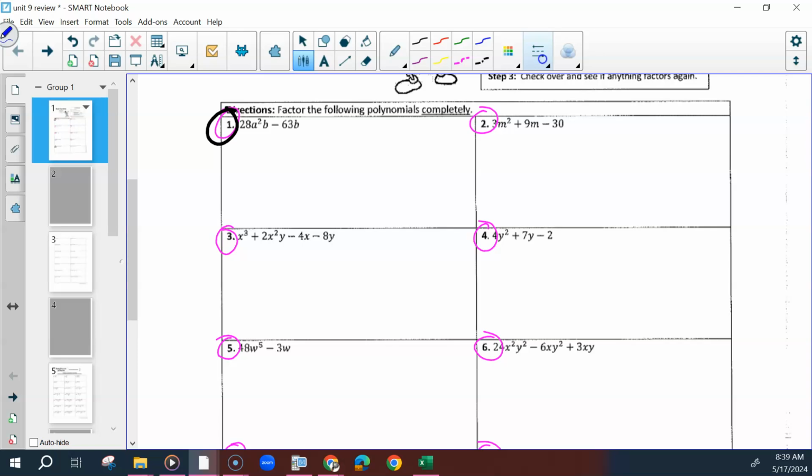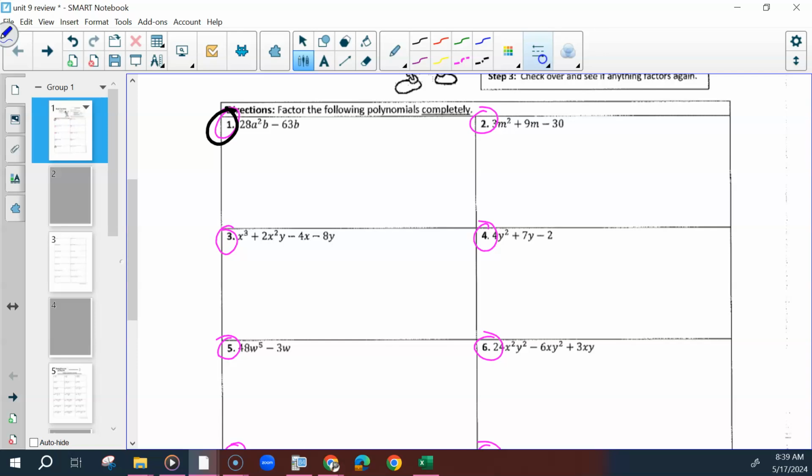Which one could we use here? Are these perfect squares? We could use GCF. These are not perfect squares, so that one's already out.